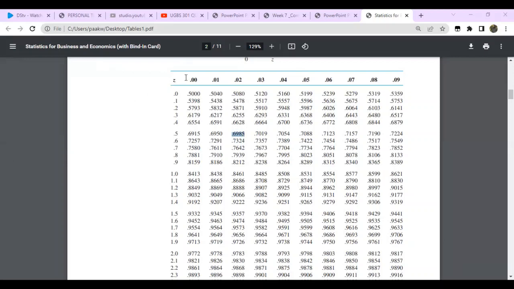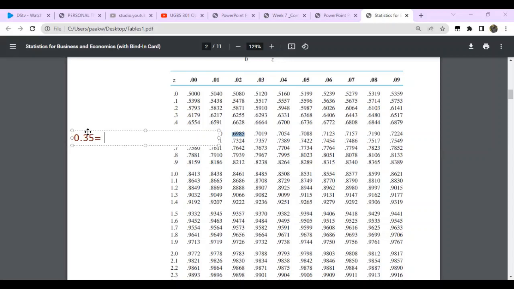So if the z value you got is, let's say, 0.35, and you are looking for that probability on this table. You get it?